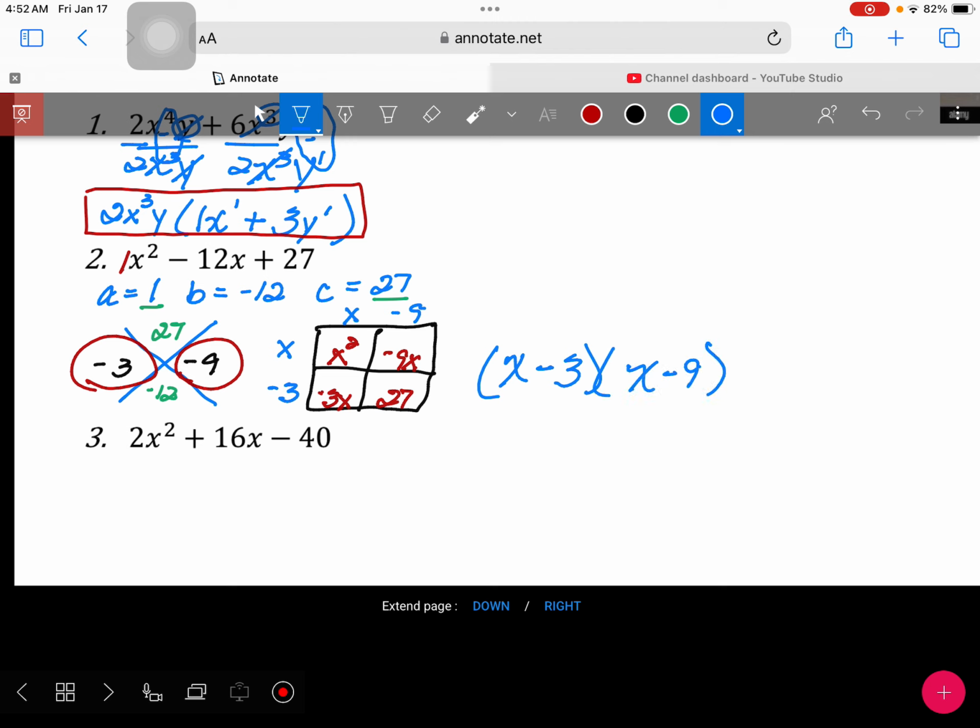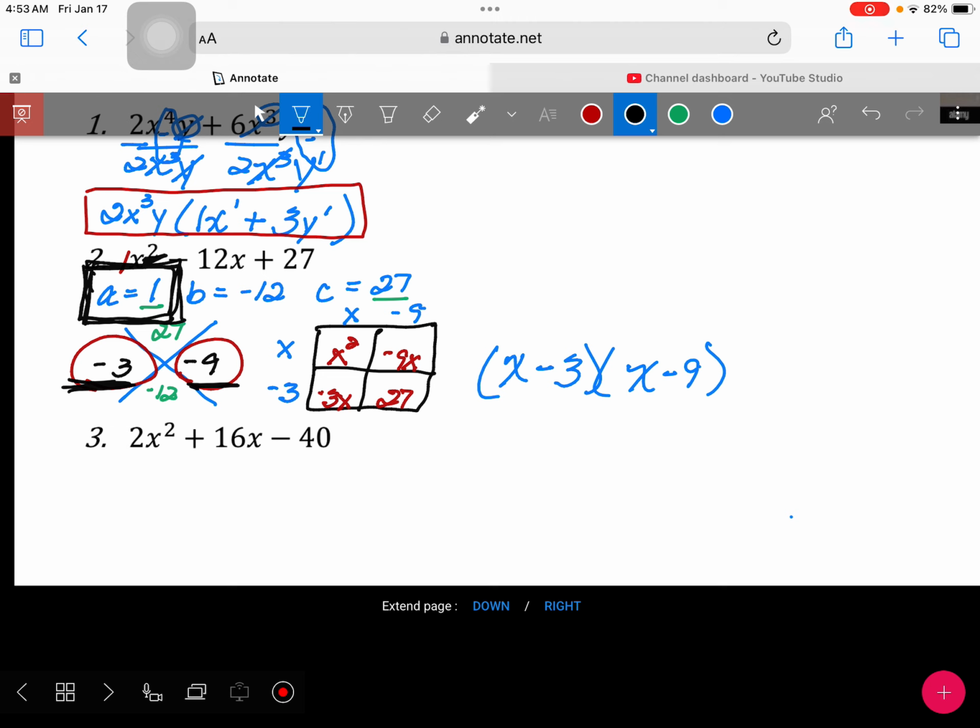Now, I have not told you this part yet, but as you look at this, if your a value is equal to 1, and only if you have a quadratic, meaning x is to the second power on the first term, x is to the first, no x on the last term, if you have a quadratic trinomial where a is equal to 1, take a look here, because the two factors you found were negative 3 and negative 9.